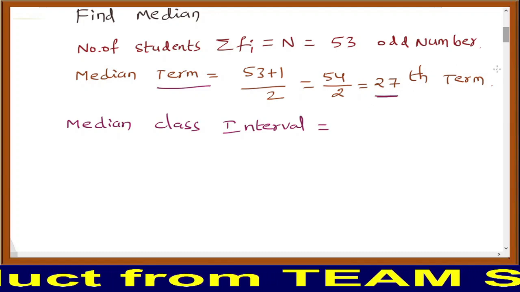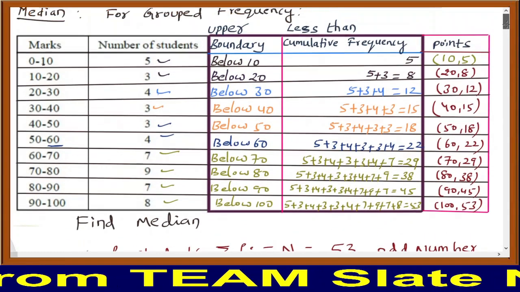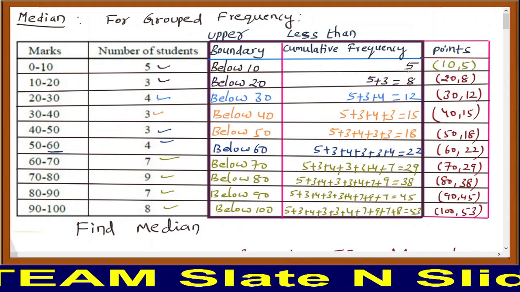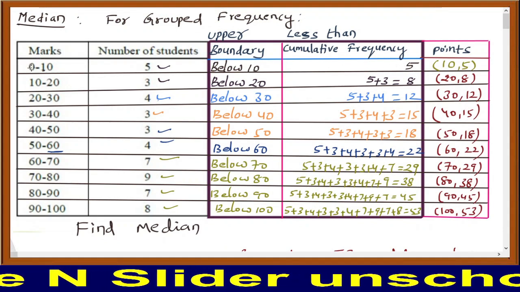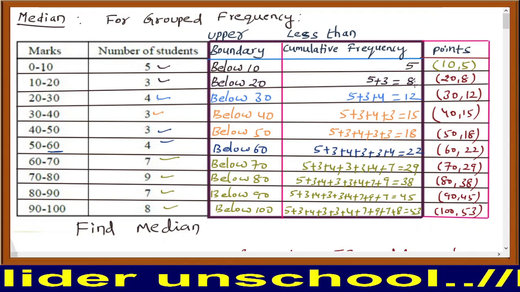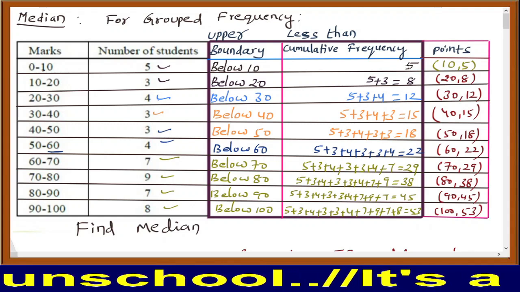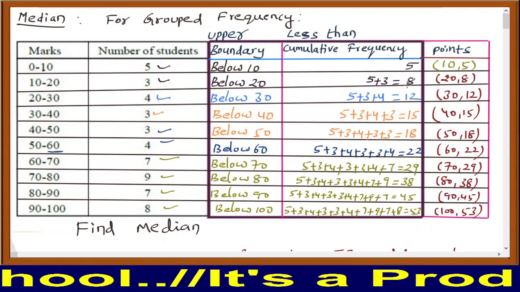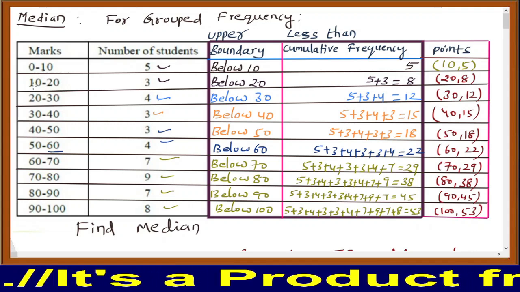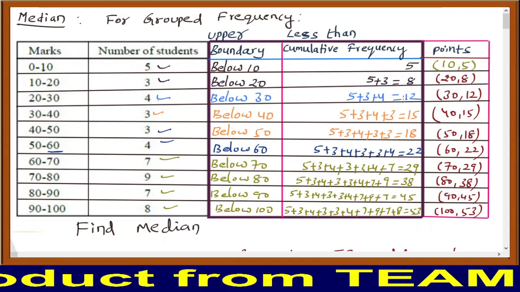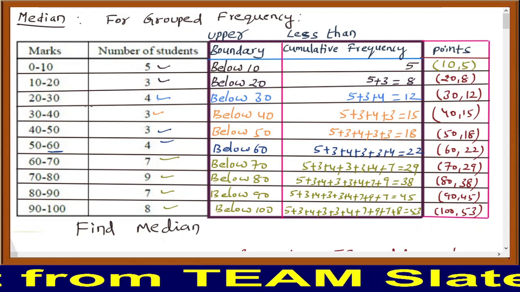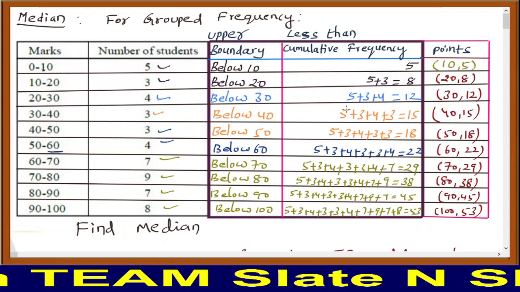For the 27th term, just observe the cumulative frequency. Up to 5 terms the class interval is 0 to 10, and up to 8, that means the 6th, 7th and 8th terms, will be 10 to 20. After the 8th term, from the 9th term to the 12th term, the class interval will be 20 to 30.